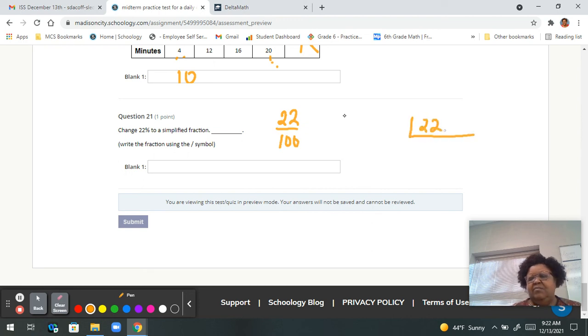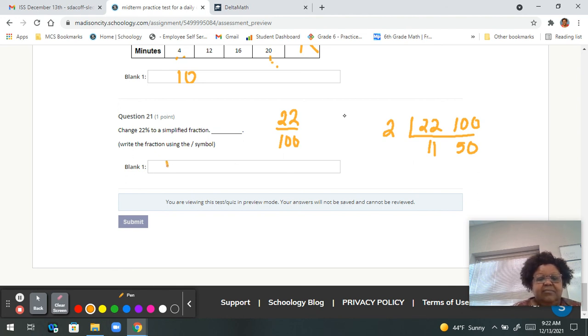And I'm using my ladder method to simplify. What goes into both of these? They're both even, so 2. 2 goes into 22 11 times, 2 goes into 100 50 times. 11 is prime, and it does not go into 50, so I'm done.